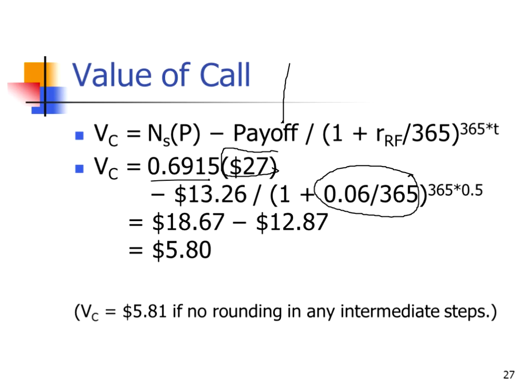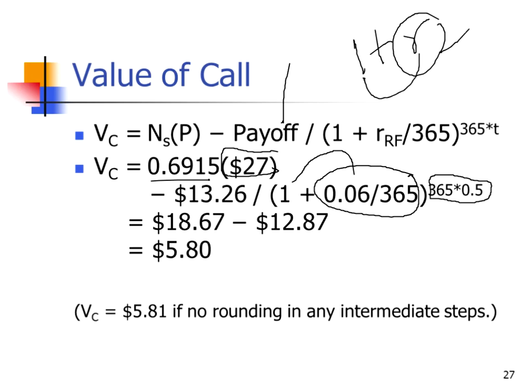If you need to get the same answer, first calculate this part and then add it to 1. Don't do 1.06 divided by 365, you'll get a wrong answer, raised to the power 365, because the formula is what? 1 plus R. So you have to first calculate the R and then add it to 1.